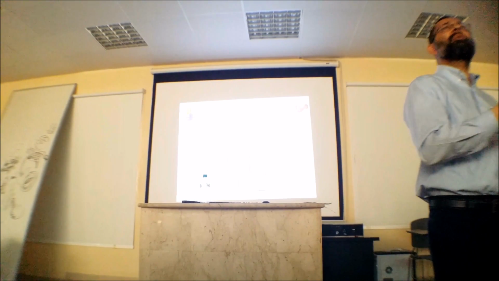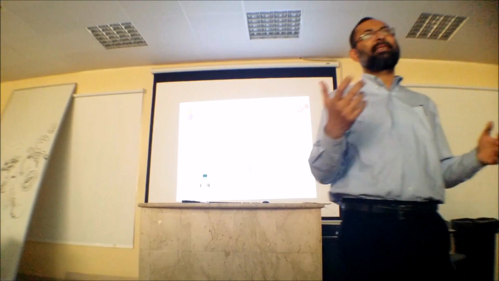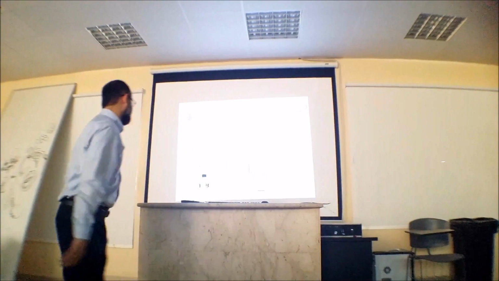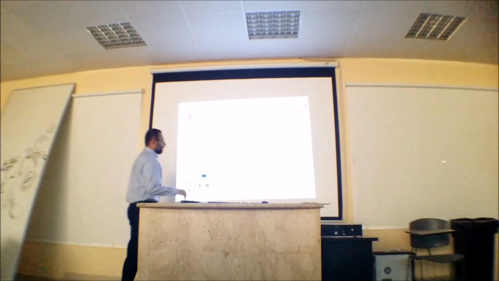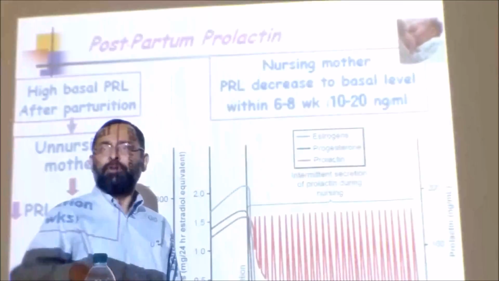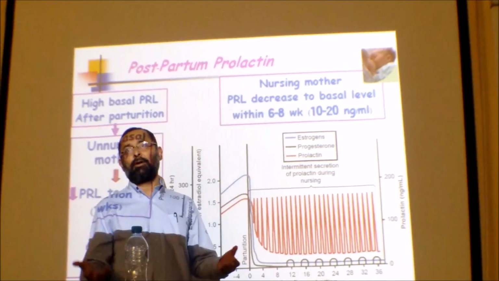So it's a little time for the feeding, and as long as the baby is suckling, the prolactin will remain high. And then you will have a fall in prolactin. So prolactin increases and decreases many times during the day, as long as the mother is feeding.